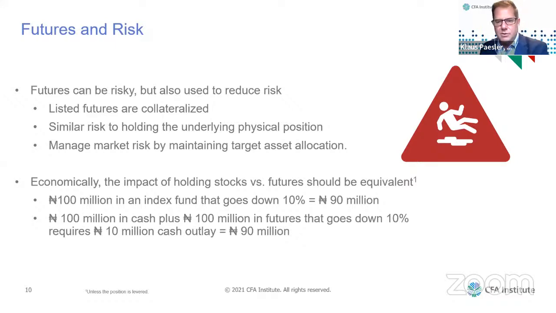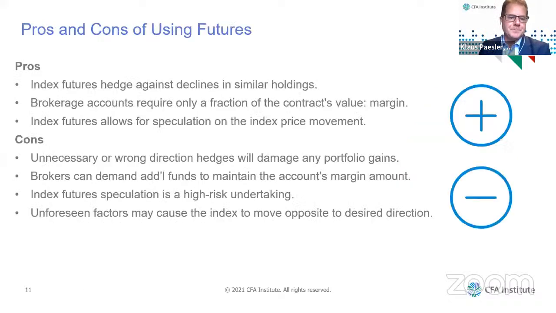And so the value of your cash backing those futures is 90 million. So the equivalent is 90 million in portfolio value, be it unrealized, or 90 million in cash. The impact, given the market movement, should be equivalent, ceteris paribus.